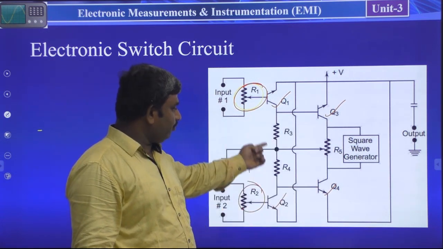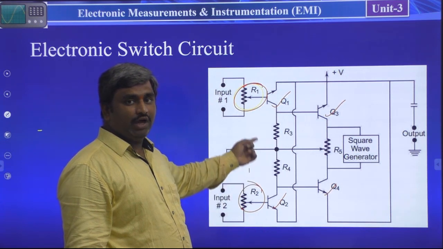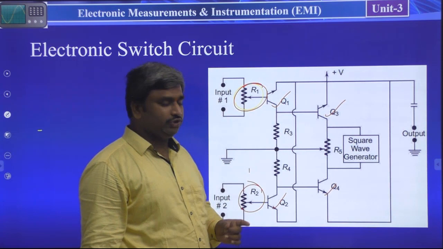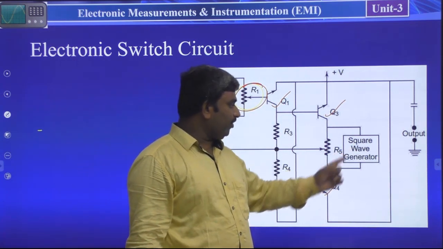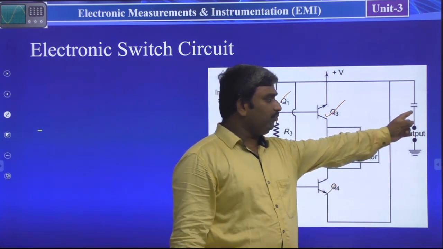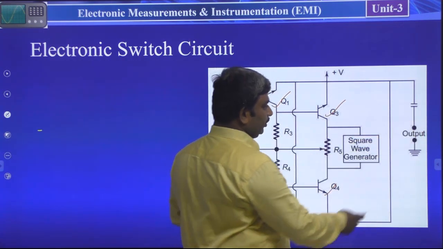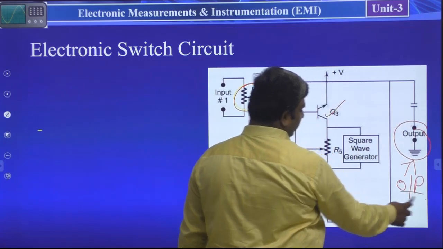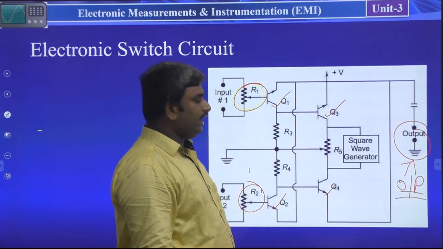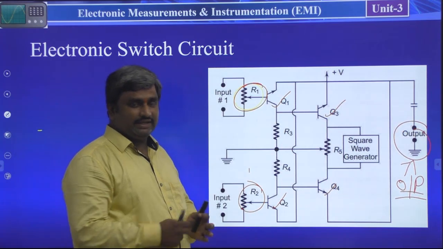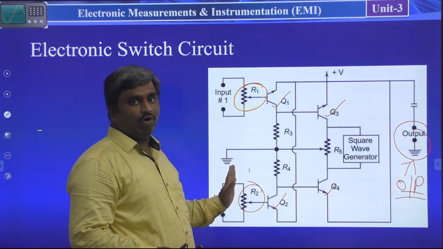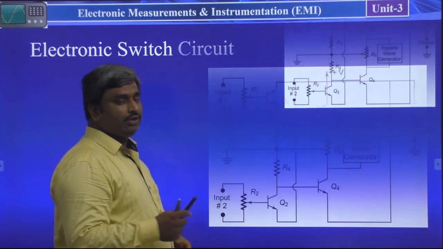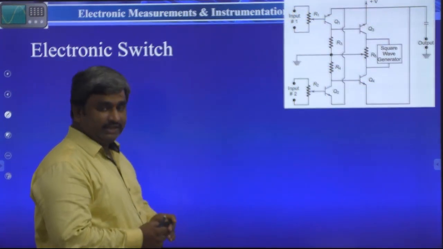We have R3, R4 as a voltage divider network, or resistor divider network, and R5 is one more variable resistor. Here we have finally the square wave generator, and here we are connecting to the final output. This is the final output stage to the vertical amplifier. Let us see what these components are and what the purpose of each component is.